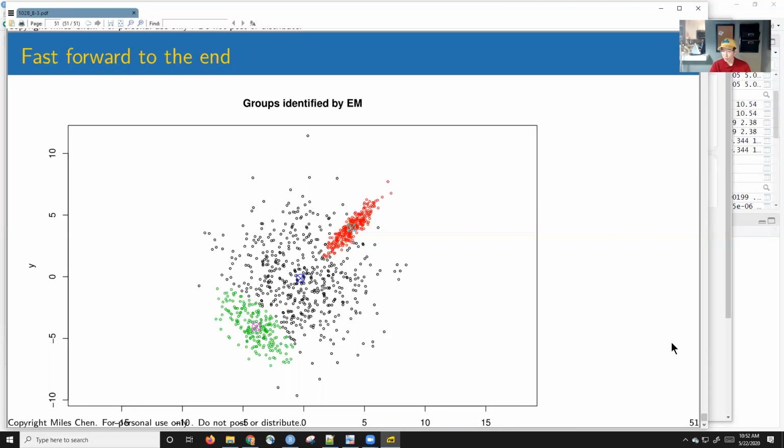Is there a score associated with EM like k-means? Off the top of my head, there's something. It's like a lower bound of something, but I don't know off the top of my head, so sorry. Right.